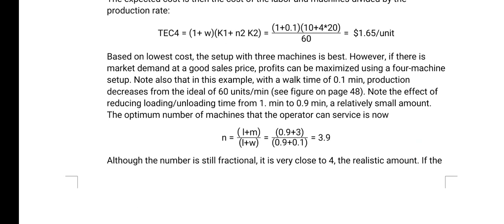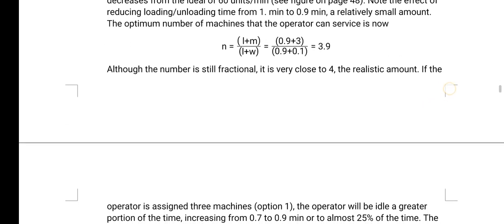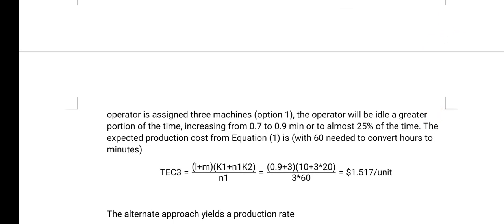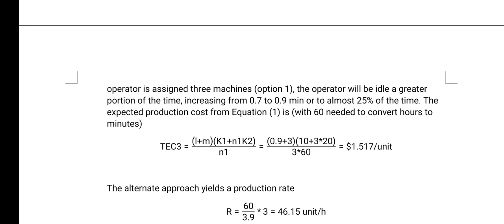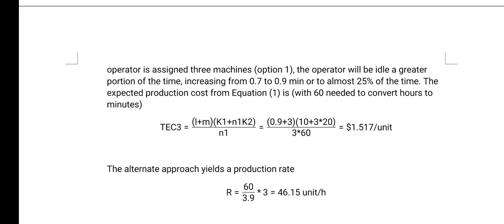So the realistic assignment is for the operator to be assigned 3 machines in option 1. The operator will be idle a greater portion of the time, increasing from 0.7 to 0.9 minutes, or almost 25% of the time. The expected production cost from equation 2, converted to hours, is 1.517 dollars per unit.